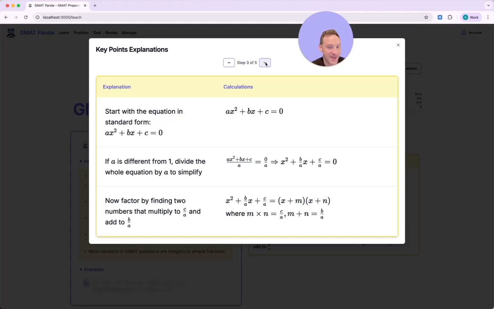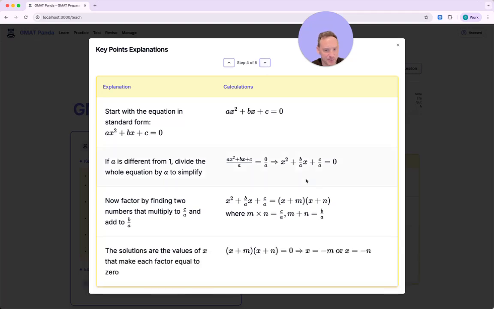Then we're going to factor the equation by looking for two numbers, which we're going to call m and n, that when you multiply them, you get c over a, and when you add these two numbers, the same numbers m and n, you get b over a. Now, this may seem a little bit complicated, but we'll see some examples in a second.